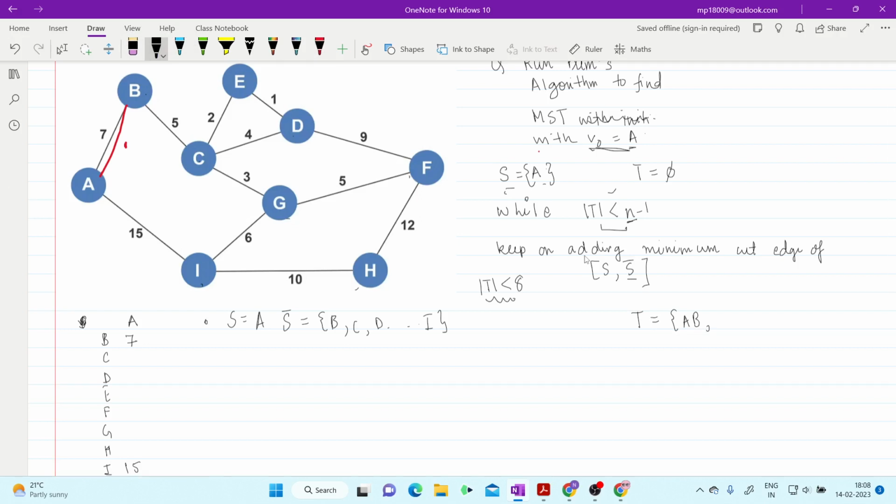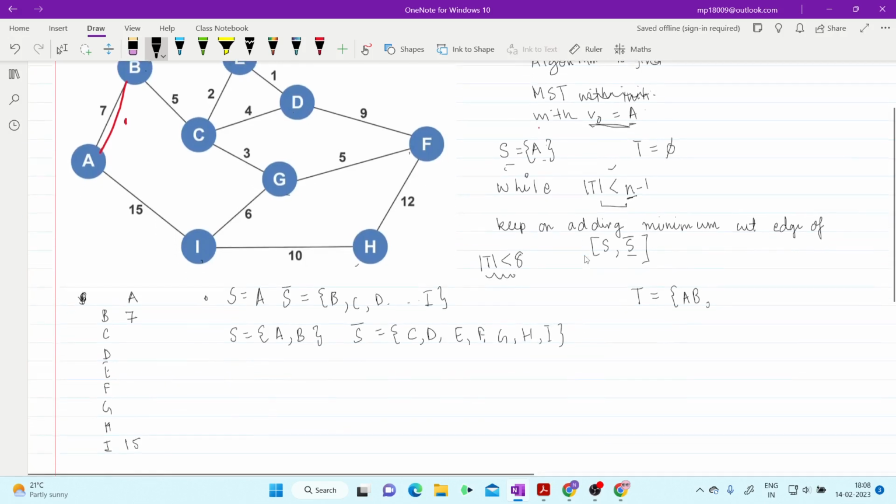Now our S becomes AB, and S bar is the rest of the vertices, C, D, E, F, G, H. In the second iteration, the edge that has to be added is for this new cut. A and B are in the same set, and then we have the complement.